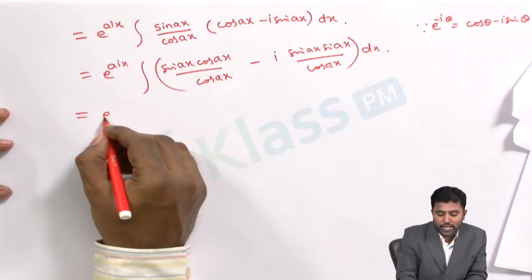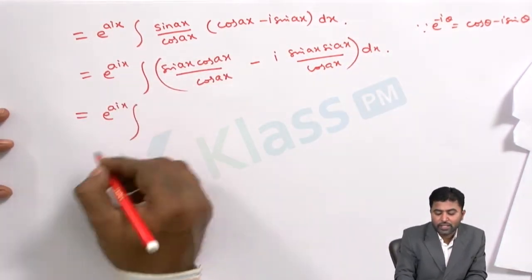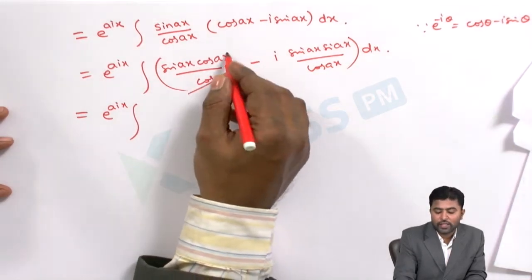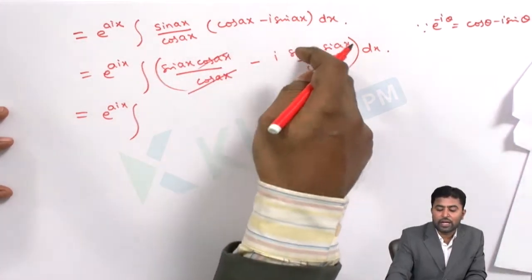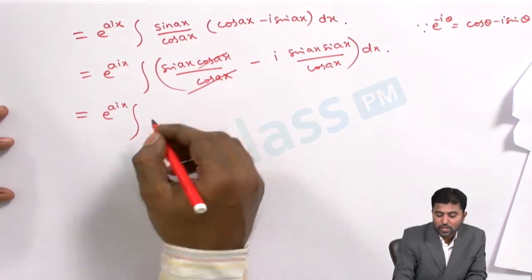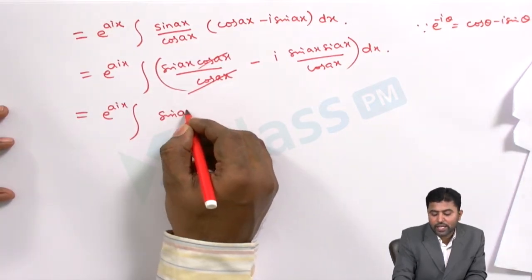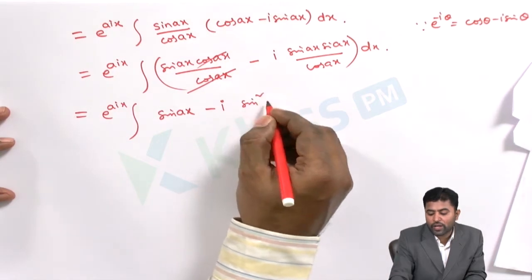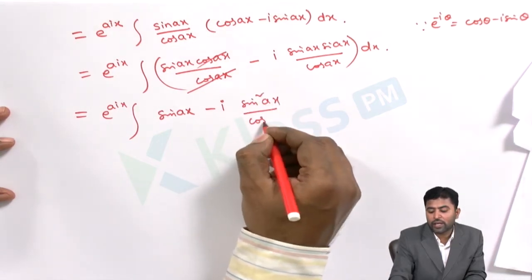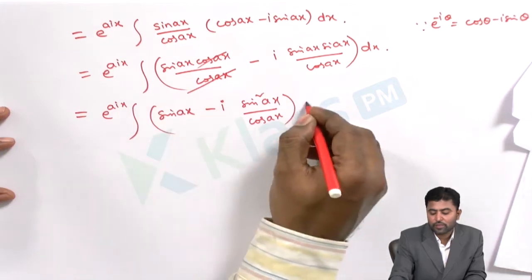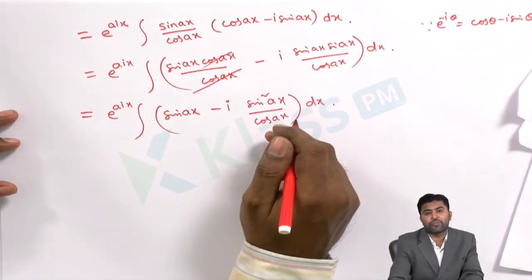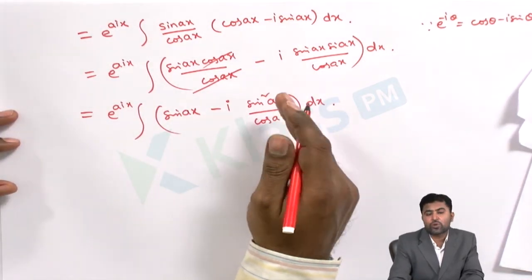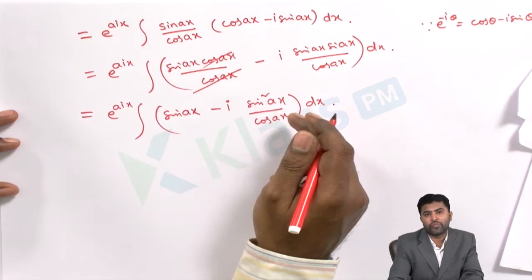Then we can write this as e power aix integration of, this and this will get cancelled, and here we'll have sin square by cos. So we can write it as sin ax minus i into sin square ax by cos ax into dx. Since the numerator is in terms of cos, sin square should also be expressed in terms of cos.